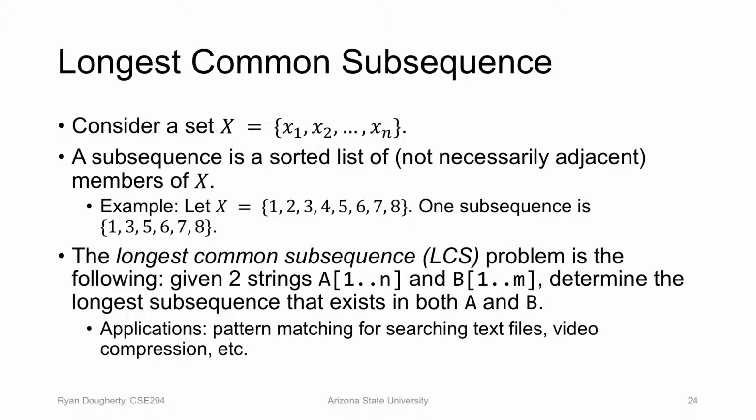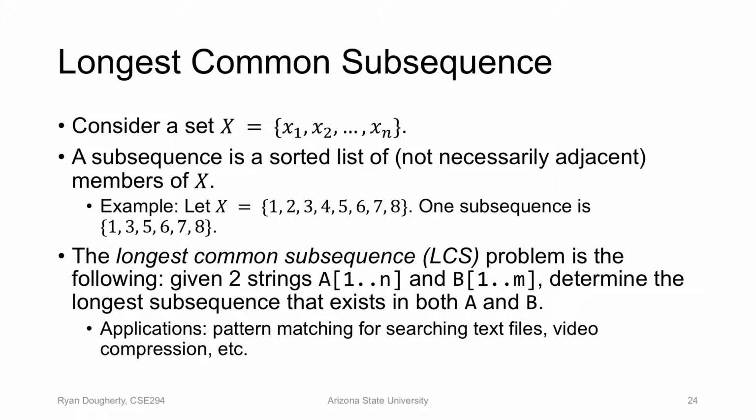So what you want to know is which pixels in these two frames don't change. The longest common subsequence gives you the longest set of pixels in both frames that are the same. Once you find this, you keep those pixels the same and only render the new ones in the next frame. So it's basically saving a lot of bytes between two consecutive frames.